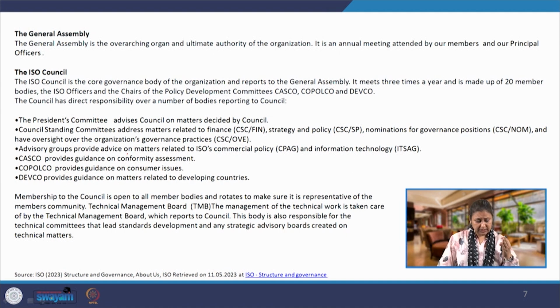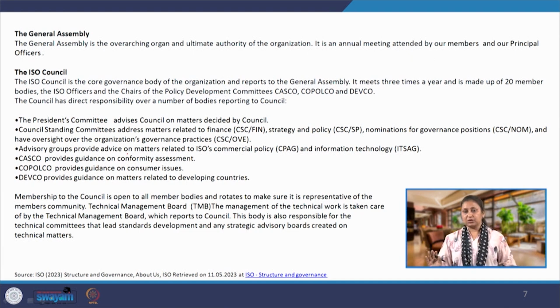So, they provide guidance on consumer issues, and DEVCO provides guidance on matters related to developing countries. ISO specifically has a standing committee which guides on matters related to developing countries. So, whenever a standard or a framework is being developed in ISO, these committees provide advice and guidance specifically on these issues: developing countries, consumer issues and conformity assessment.